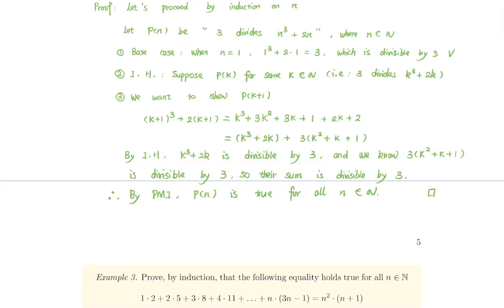Our point is just saying that this expression is divisible by 3. Any other question?